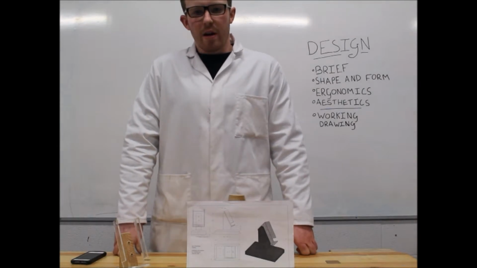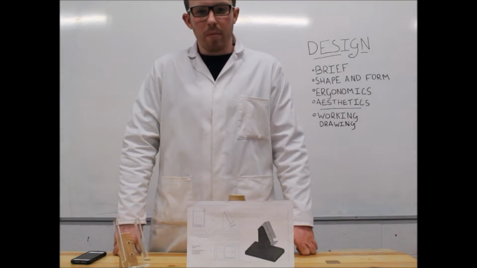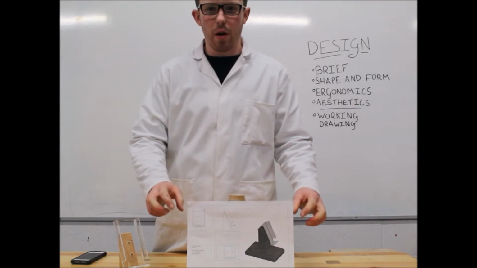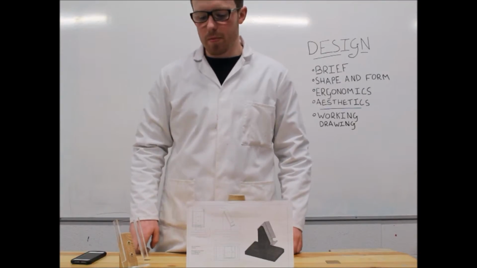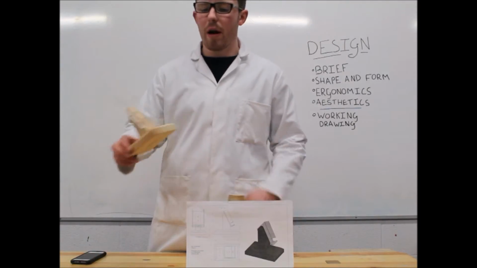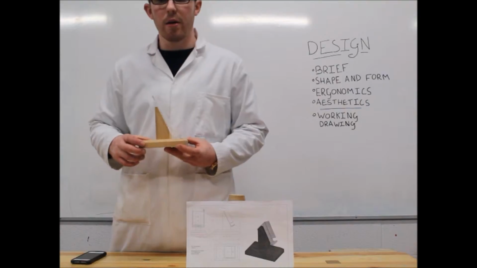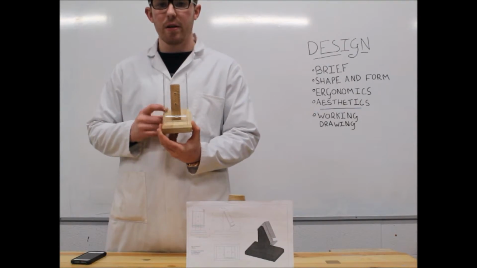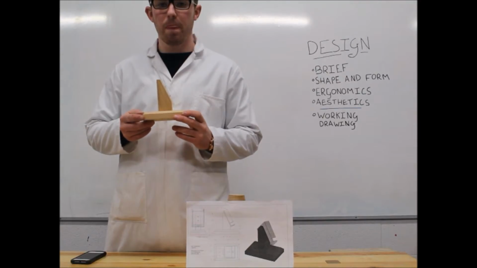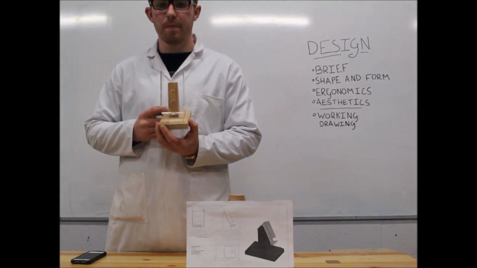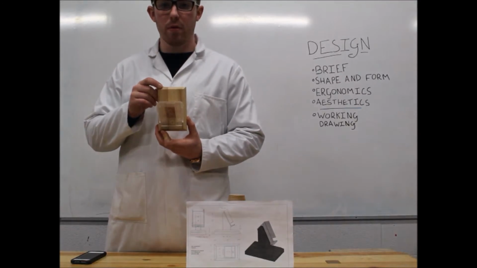When we've designed our artifact and we know how we're going to make it, we produce what's called a working drawing. This is a detailed description of our piece. You can see here it shows our artifact from various angles: our elevation, our end view, and our plan view.